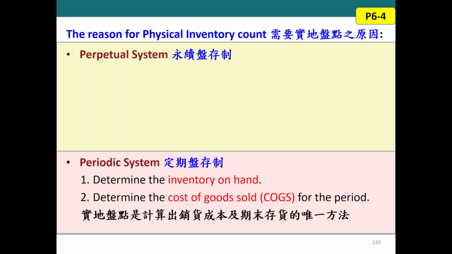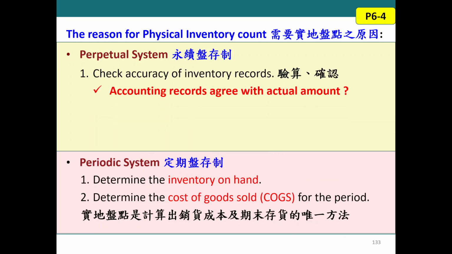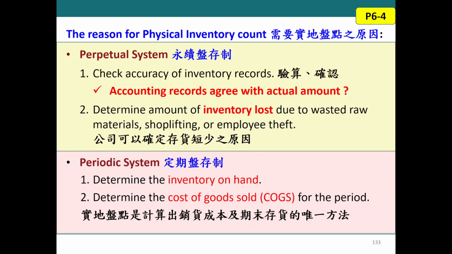How about perpetual? We still need to take a physical count. Why? We want to do a double check. We double check the book amount with the actual amount.